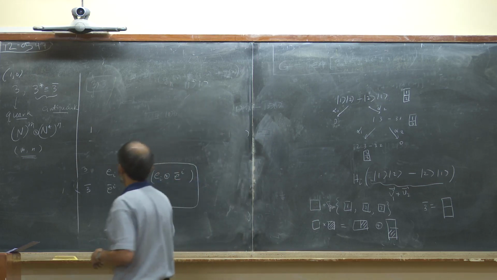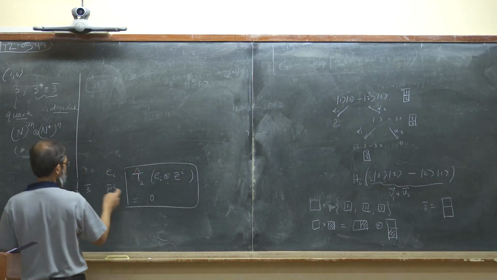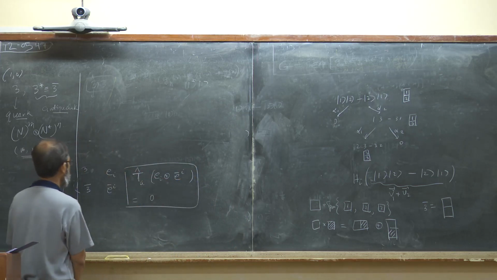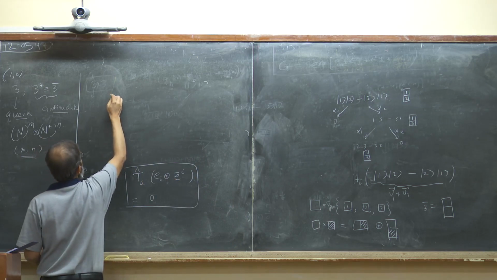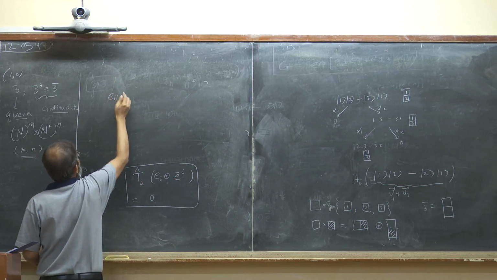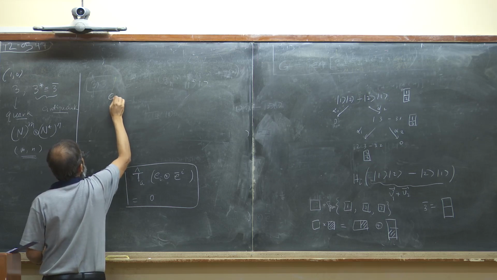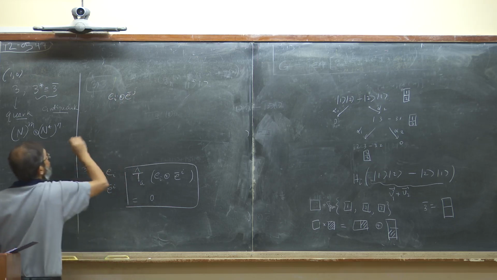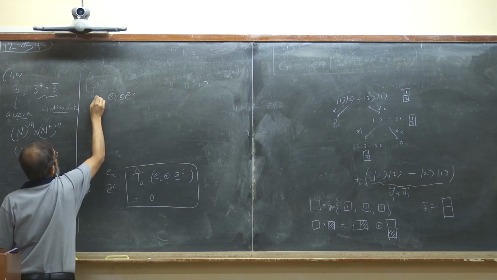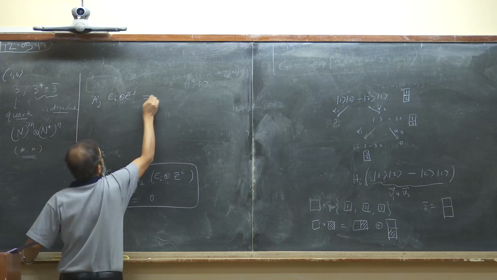Let us consider again this 3 cross 3 bar space in which I have e_i, e_j and some A_ij.